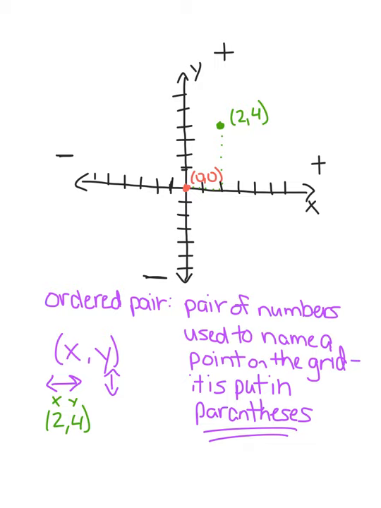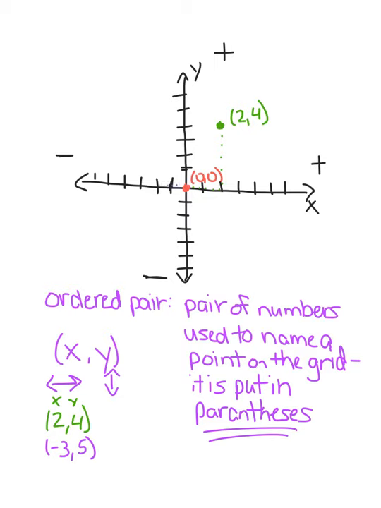Okay, let's plot another one. How about if I plot one in purple? So then now let's plot -3, 5, right? So starting at the origin, we're going to go on the x-axis first.